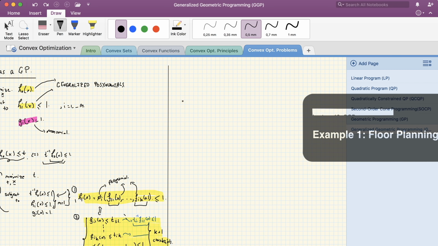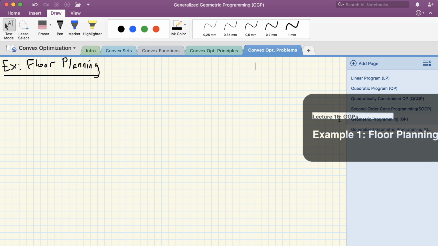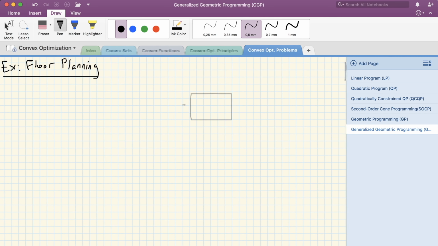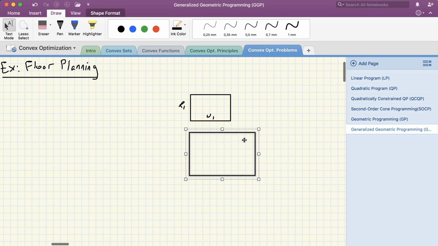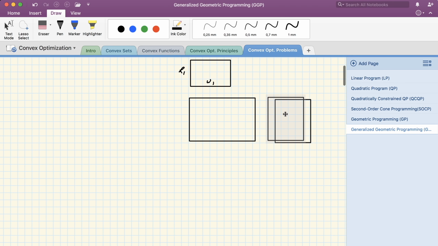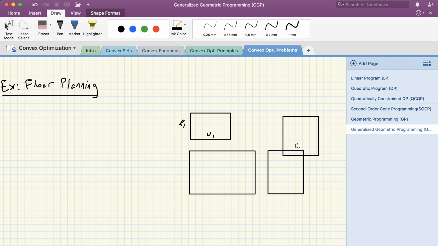One really common example is floor planning. So in floor planning, you've got certain rectangles or rooms, let's say. So this is a rectangle with height h1 and width w1. Say this is another rectangle, 2 more times. Let's start this here.